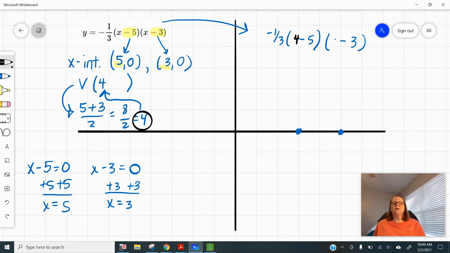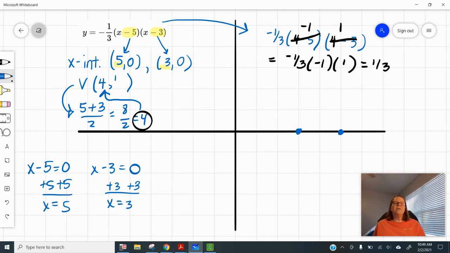So 4 minus 5 is a negative 1. 4 minus 3 is a positive 1. So I have negative 1/3 times negative 1 times positive 1. Negative times negative is positive, so that's a positive 1/3. So the rest of my vertex is 1/3.